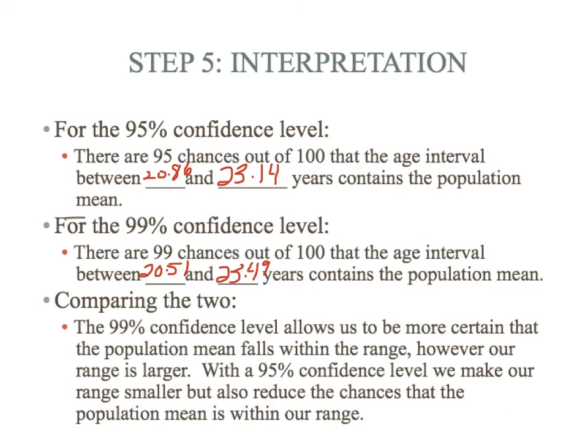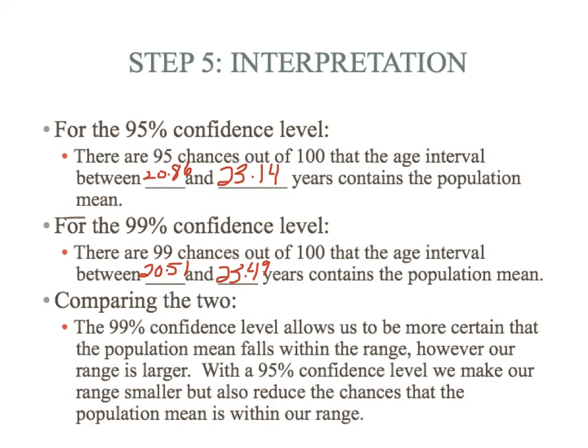So if you're comparing these two, what you'll notice is that the 99% confidence level allows us to be more certain that our population mean is going to fall within that range. We're 4% more certain, so 99% as opposed to 95%. However, there is a drawback to this. The range is wider, and so there's kind of more room for variation.